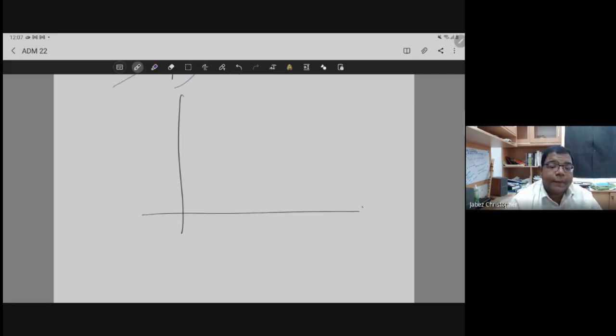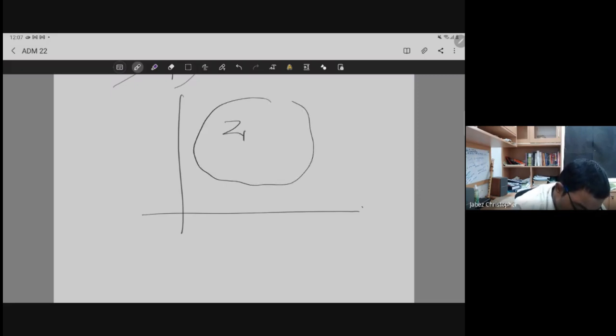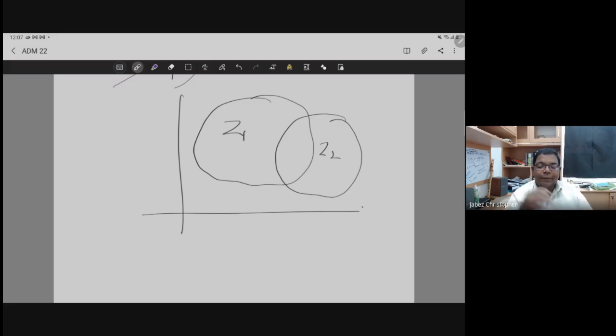How will you choose between these components? By capturing Z1, I'll get so much of information, maybe Z2 another set of information. So now it's up to you. Out of Z1, Z2, Z3, or however many components you have, you can take the relevant components.